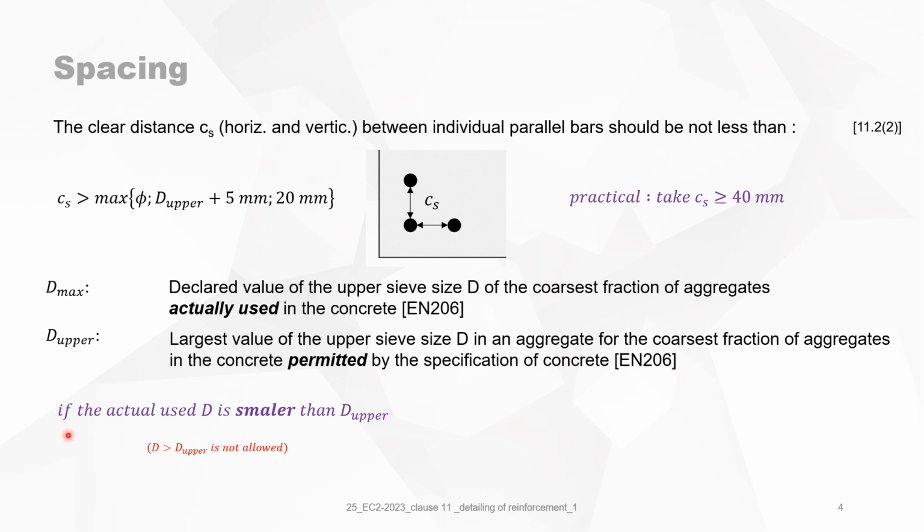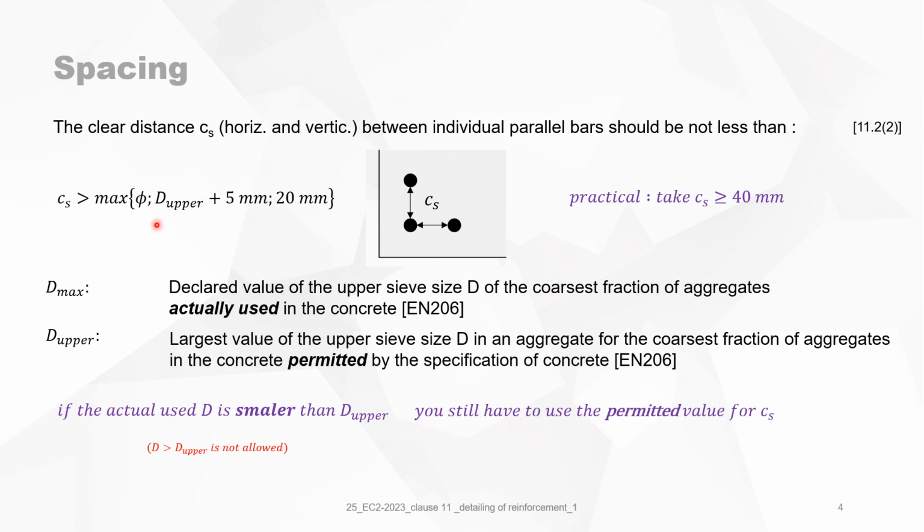So this means that the actually used D can be smaller than D upper. Bigger is not possible because that's not allowed, of course. But the actually used diameter can be smaller than the diameter permitted by the specifications of the concrete. Well, in this case, if the actually used D is smaller than D upper, you still have to use the permitted value for cs. So that's a common mistake.